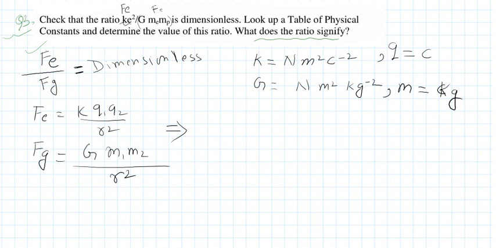Now we have to put these units in this equation, but first we have to take the ratio of the electrical force or electrostatic force to the gravitational force, meaning Fe upon Fg.